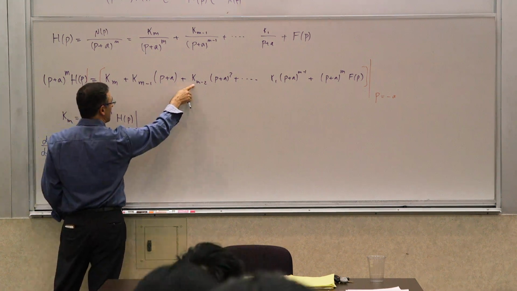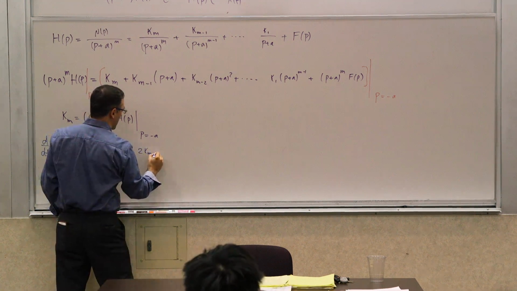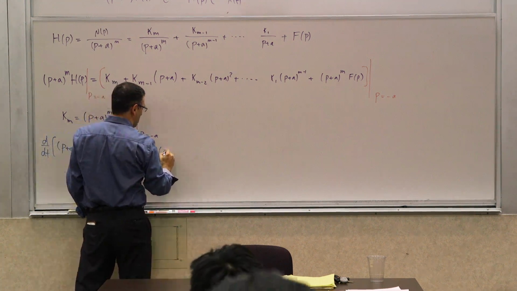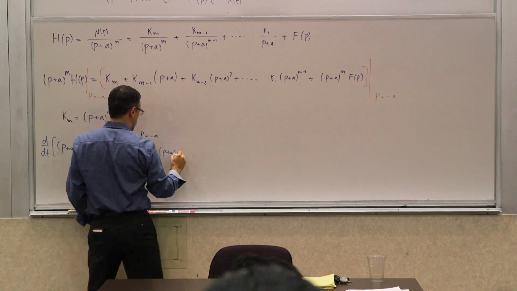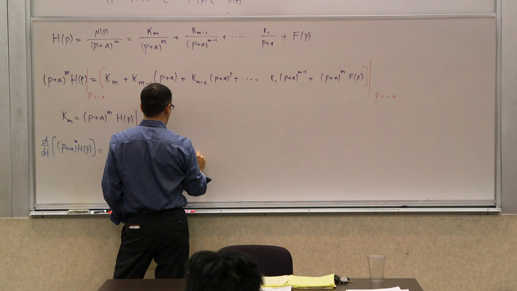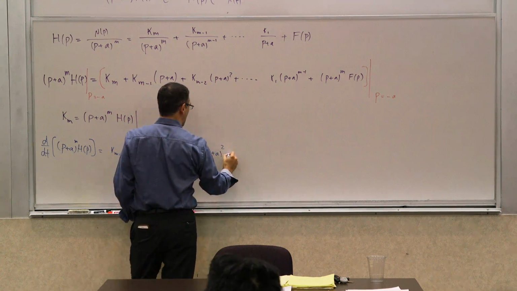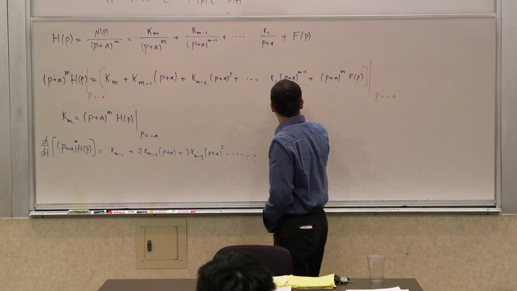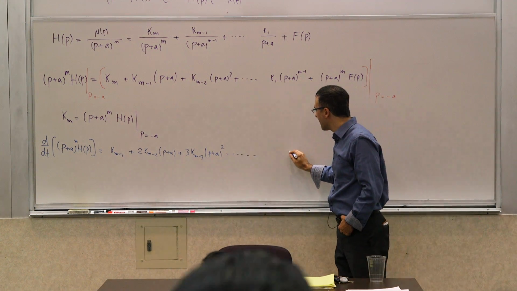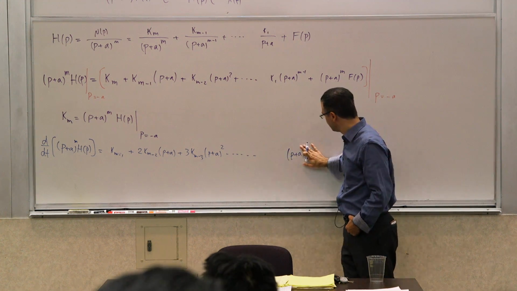What is the derivative of this one with respect to p? Some 2 km minus 2 p plus a. And the next ones over would be like 3 km minus 3 p plus a to the square, etc. So all the subsequent ones will have a p plus a in them, at least, to some power.